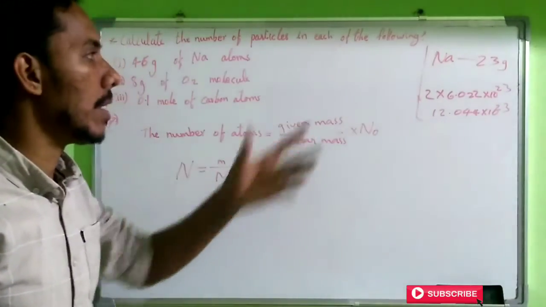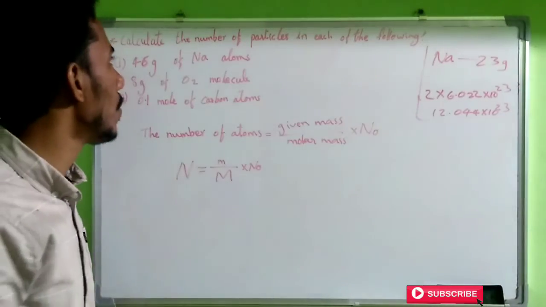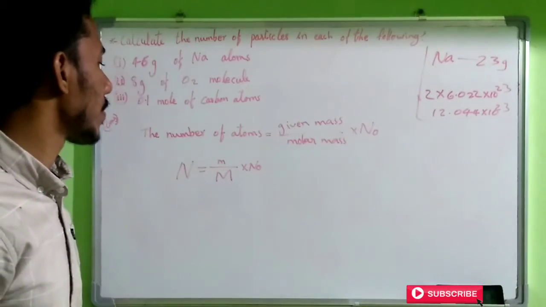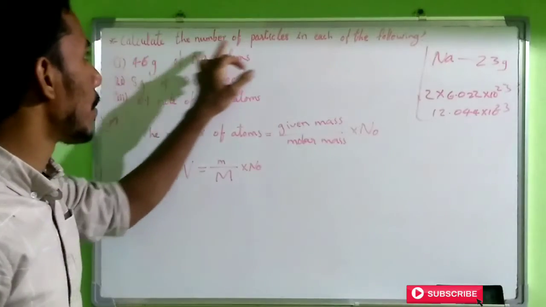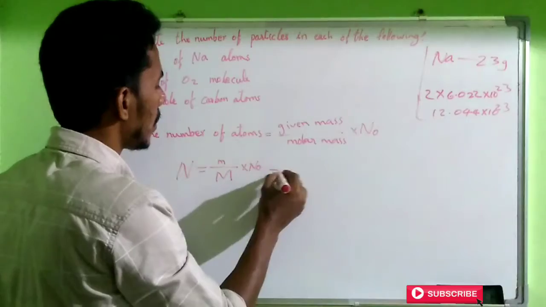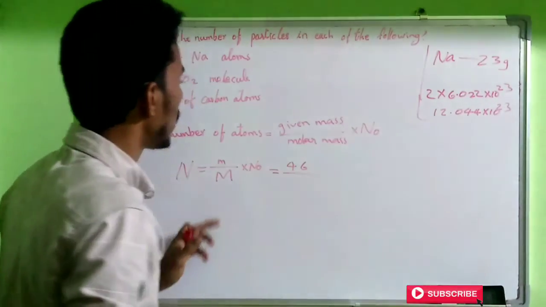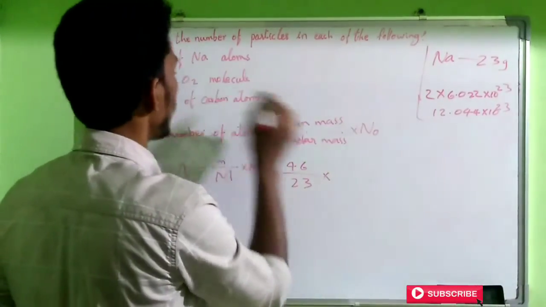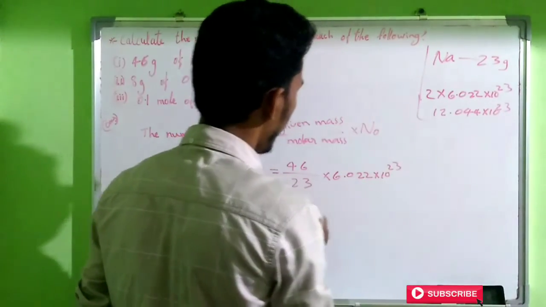That is one way. But there is also an equation: the number of particles, capital N, is equal to given mass by molar mass into Avogadro number. Given mass is 46 divided by molar mass 23 into Avogadro number, 6.022 into 10 raised to 23.